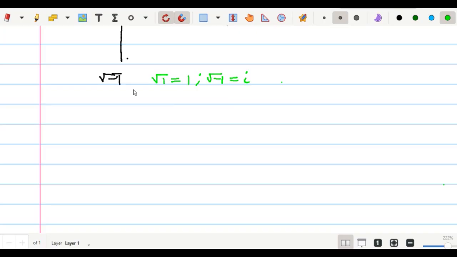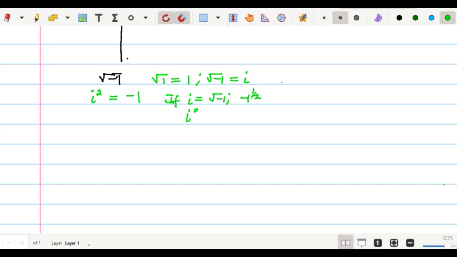Let's look at some further expansion on this. If i is equal to the square root of minus 1, what could i squared mean? i squared is known to be minus 1. This can be written as minus 1 raised to the power of 1 over 2.